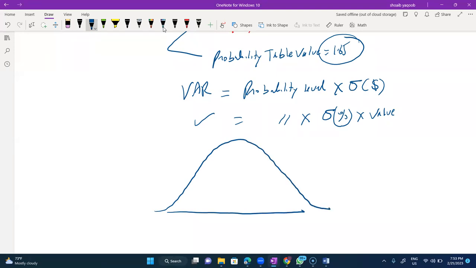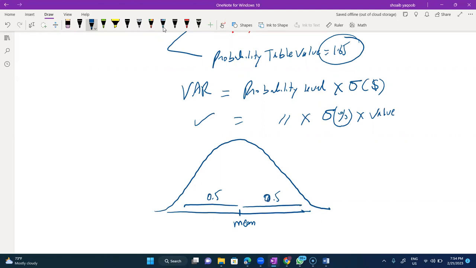Normal distribution means whenever there is a fluctuation in the asset price, this is the mean. Mean is the average of the data. There will be fluctuation equally above the mean and below the mean. There will be 50% movement above the mean and 50% movement below the mean.